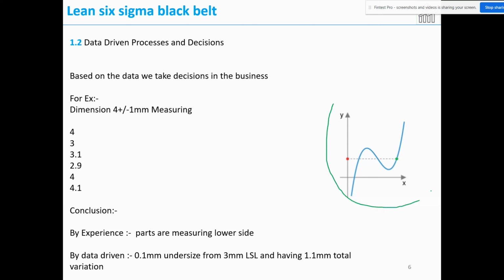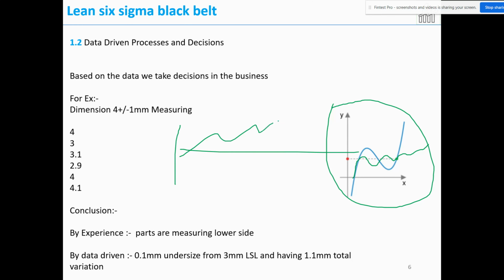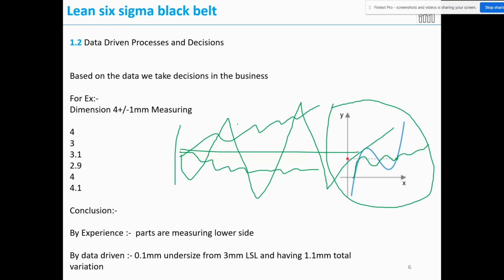In the same way we can plot a normal line chart and see how the trend of the data is going, whether it is going positive side or negative side consistently, or there is more variation between upper and lower. That means more variation is there.